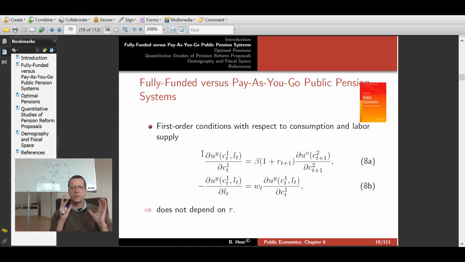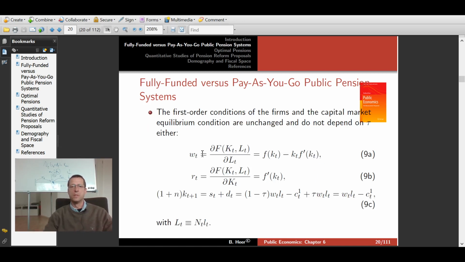And compare this extra utility from leisure with the extra utility from working 1 extra hour. If I work 1 extra hour, I earn the wage WT, and my utility goes up, of course, by WT times the marginal utility of consumption. So these are my two first order conditions, and they do not depend on the Social Security tax tau.